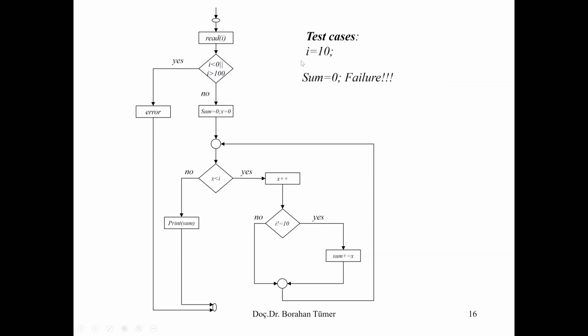Okay, I equal to 10 is a failure for this algorithm, all right, because it provides a summation value of 0 where I is equal to 10, where the sum of integers up to I equal to 10 doesn't give us a value of 0, of course.